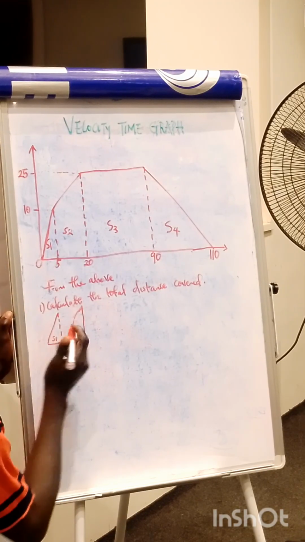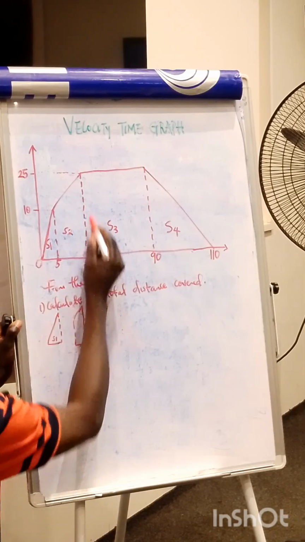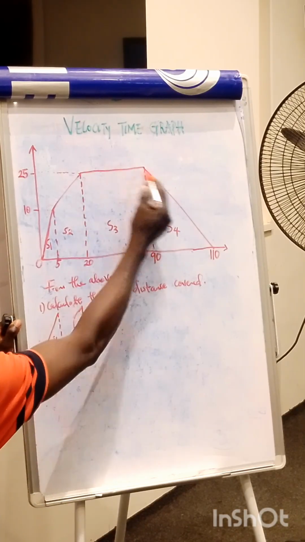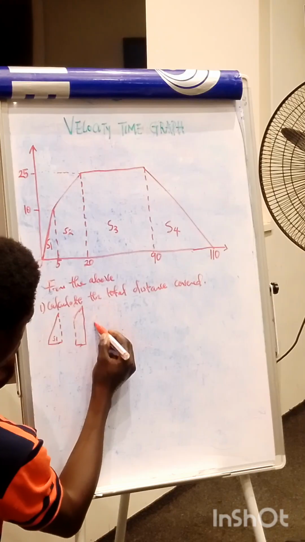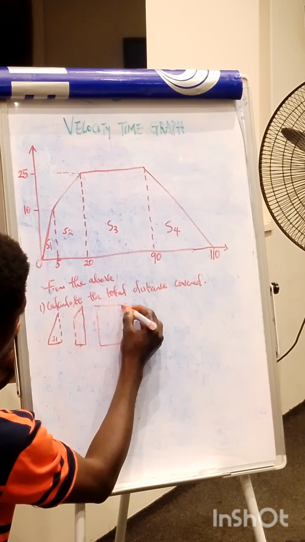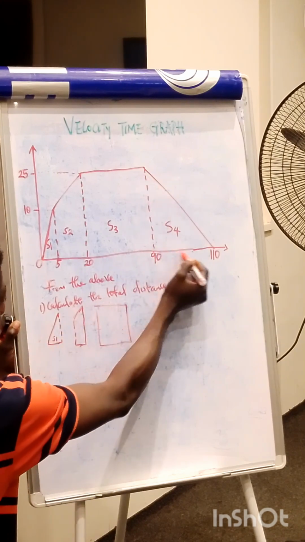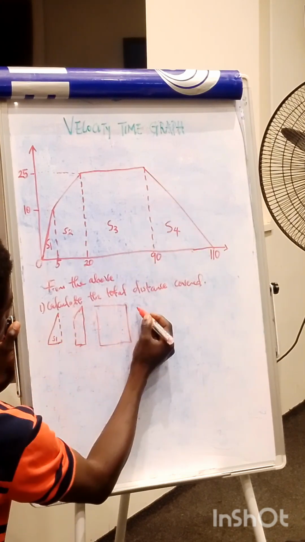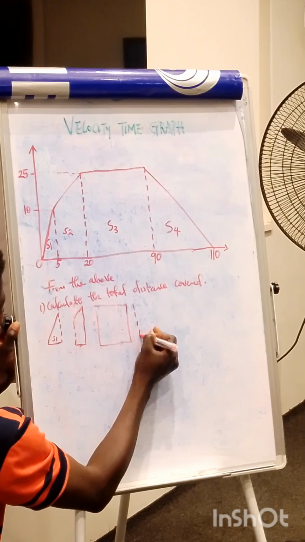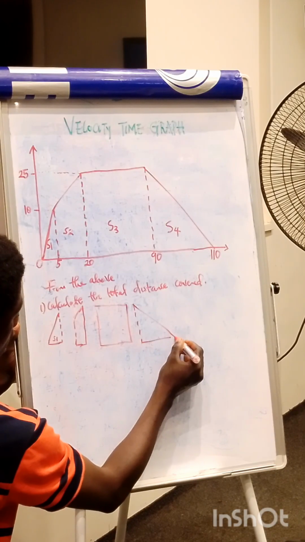Now you still have a rectangle. As you can see, it's a rectangle. Then lastly, you have your section 4, which is a right angle triangle again.